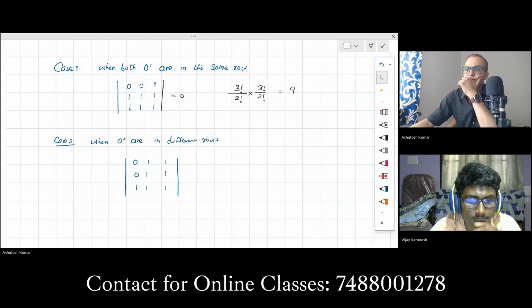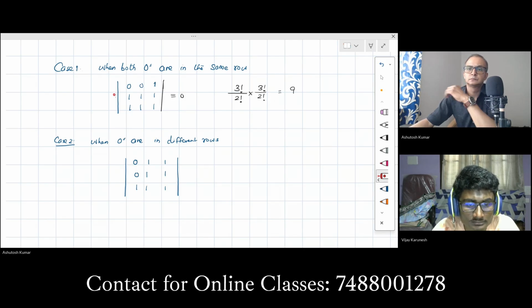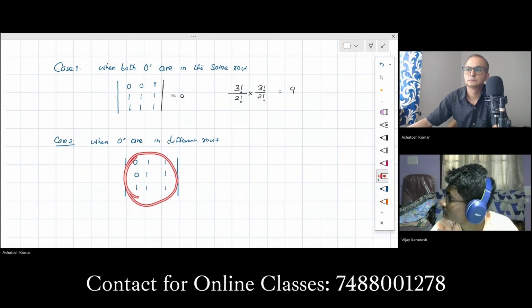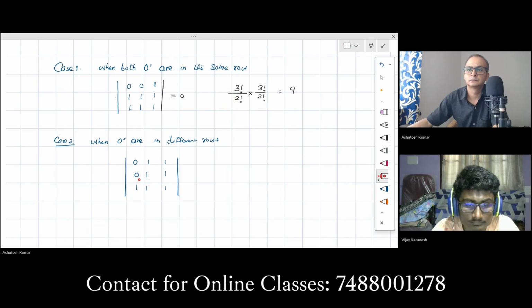So do you see that these two are identical things? No. If I ask you whether these two are identical or not? No. I'm asking one important thing: suppose I make some changes here in rows, even if I change the rows, do we get this thing by any configuration?